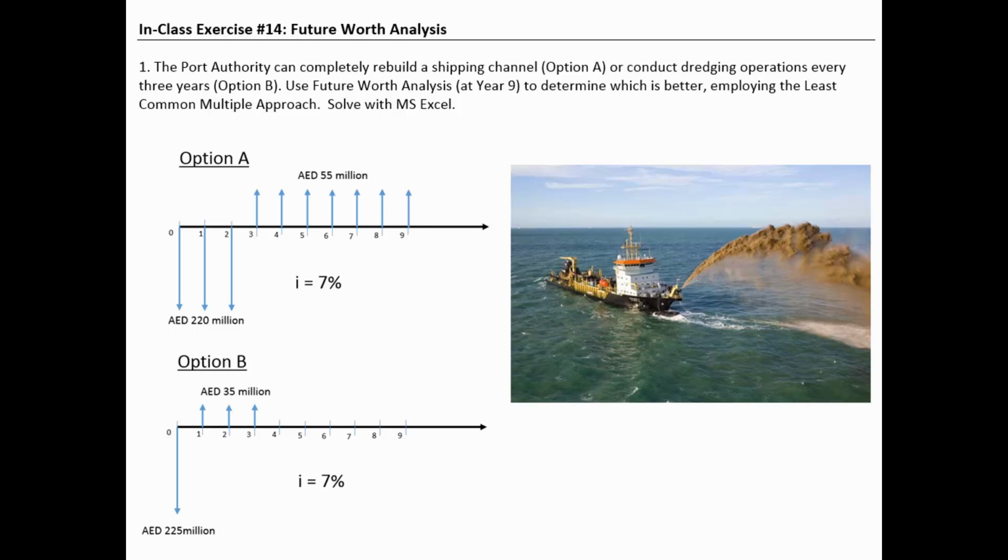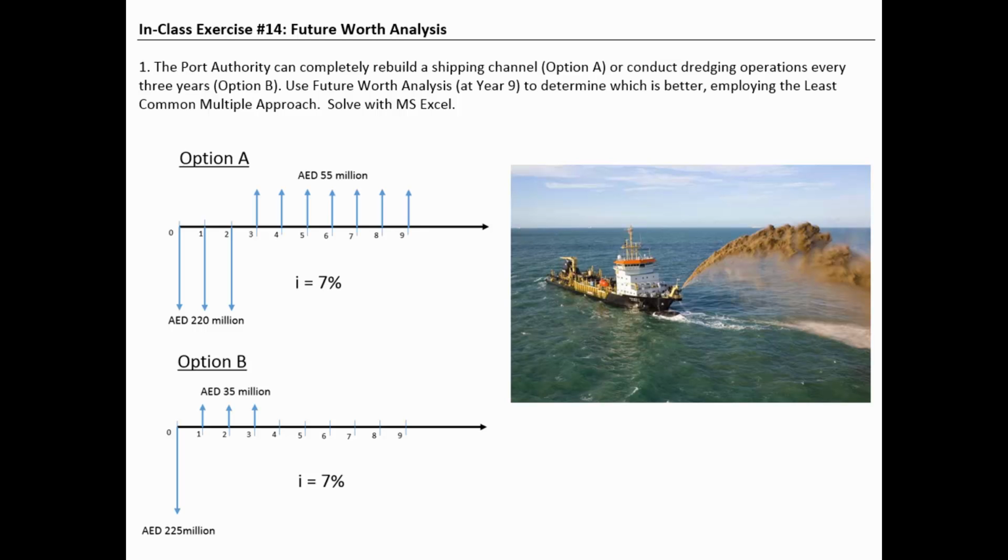And so you'll notice it's a different life. We can't compare option A and option B unless we make them the same number of years. All right, we can't terminate option A early. That's not a choice for us because there's no salvage value for a rebuilt shipping channel. We don't think that's something people would go and buy.